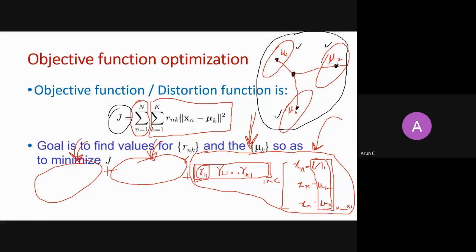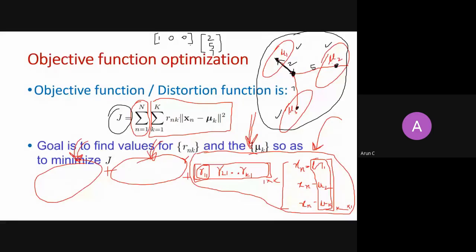Quite intuitively, if the distance here is 2, the distance here is 5, and the distance here is 7, then you just assign your x to the vector mu 1, because then the r vector will be 1 0 0, and the distances for this x from each of the mus will be 2, 5 and 7.